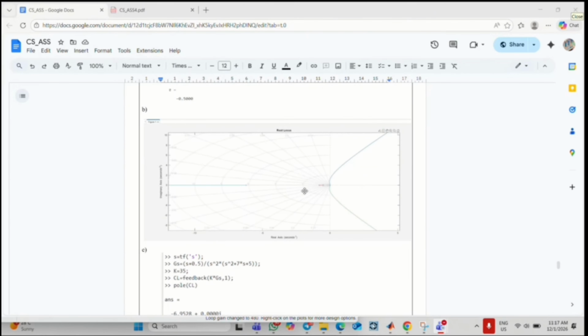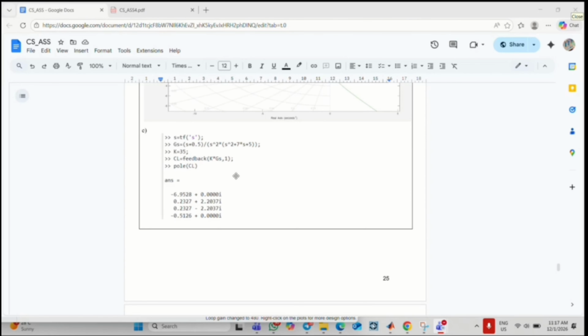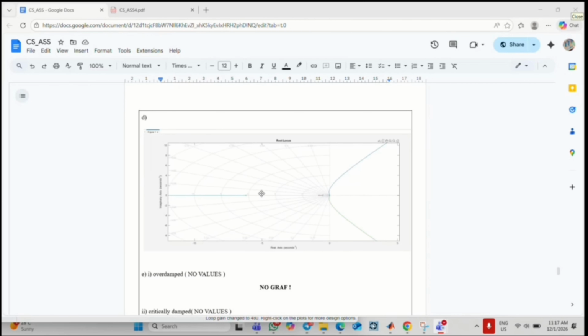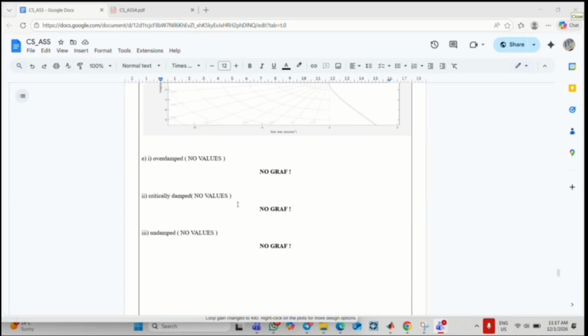This is the root locus. For question C, this is the proof. The crossing point at negative 0.236. This is the root locus sketch.